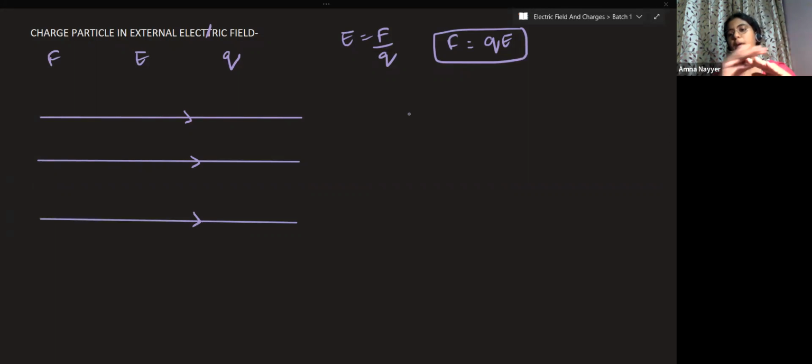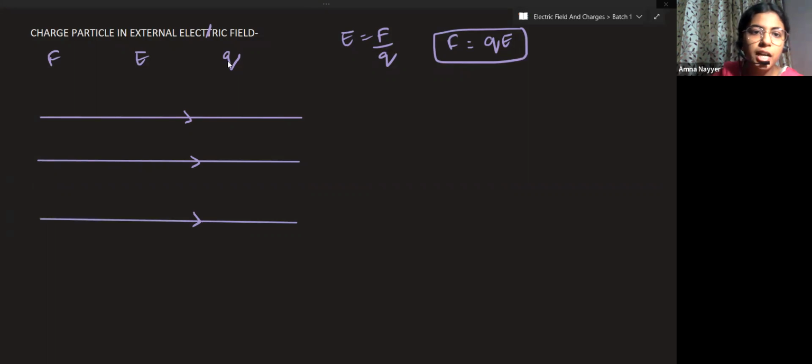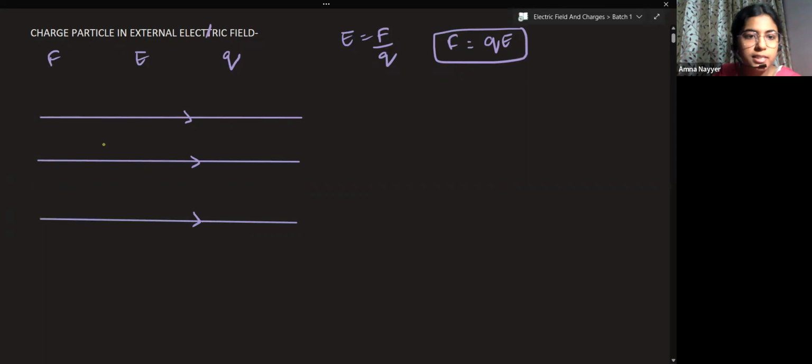If I have a plus Q charge present here and it is experiencing a force, these are the electric field lines.